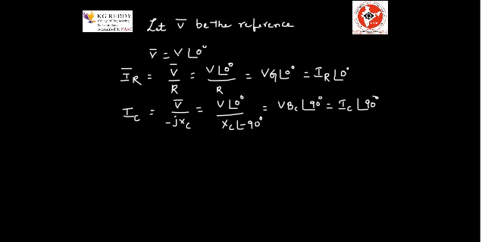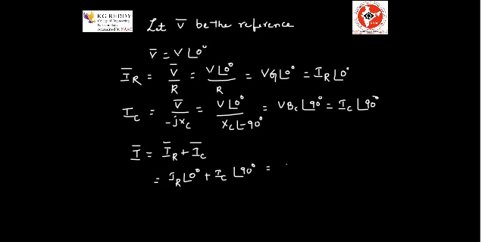So I can write that the total current I equals IR plus IC. We have calculated IR at an angle 0 degrees, and IC at an angle 90 degrees.